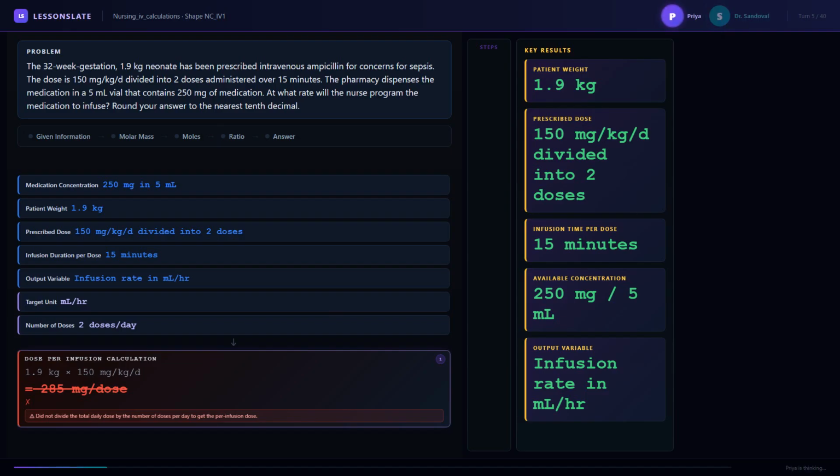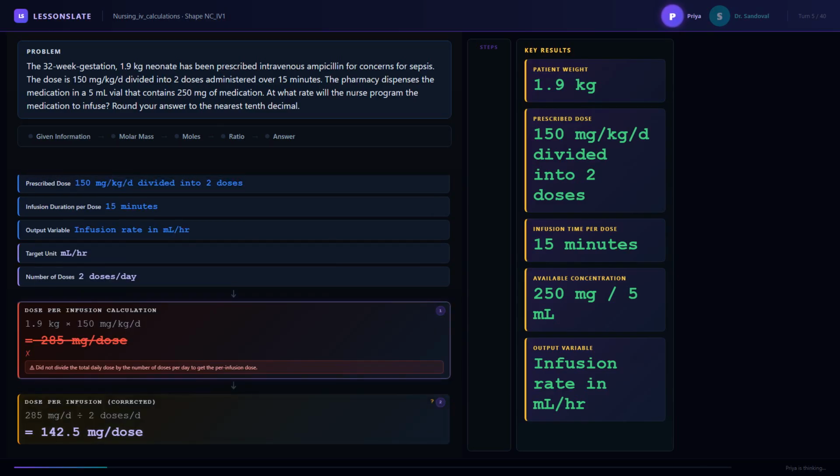Oh, right. I got the total daily dose, not the dose per infusion. So if it's 285 milligrams for the whole day and it's divided into 2 doses, then each infusion would be 285 milligrams divided by 2. That would be 142.5 milligrams per dose. Is that correct for each infusion? Yes, that's exactly right, Priya.